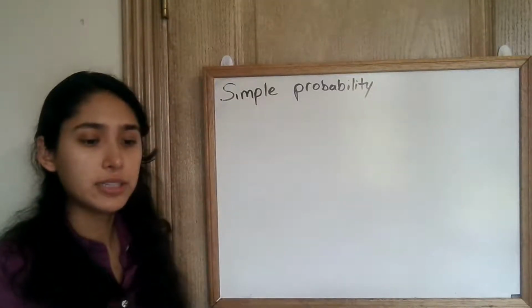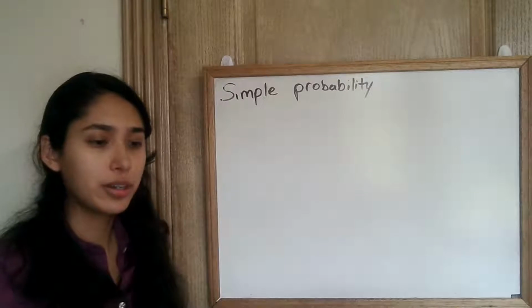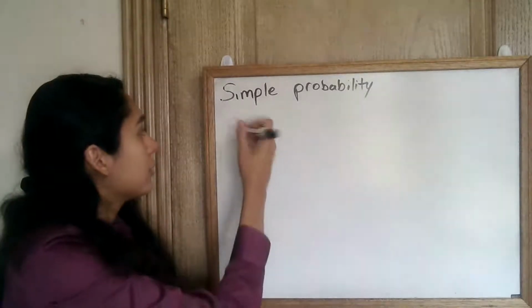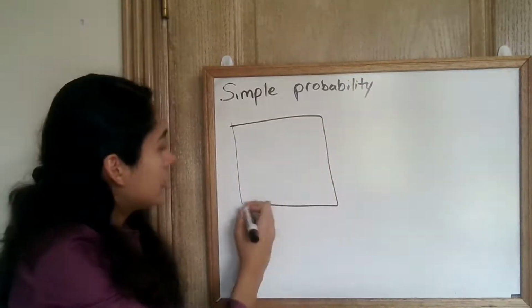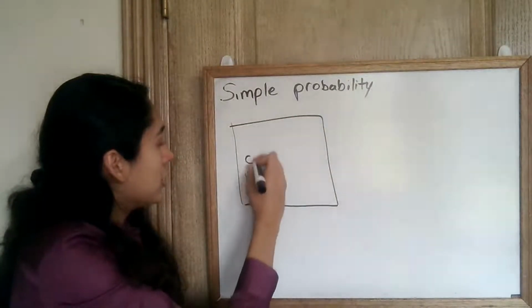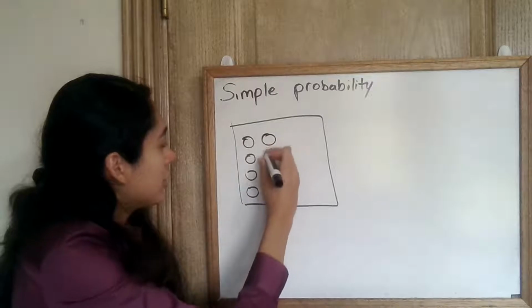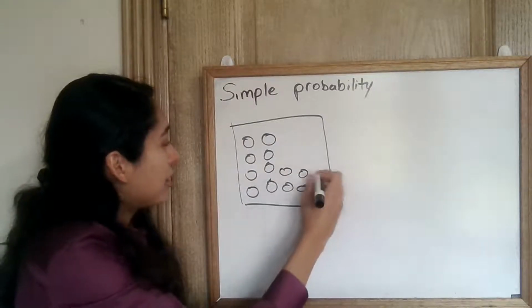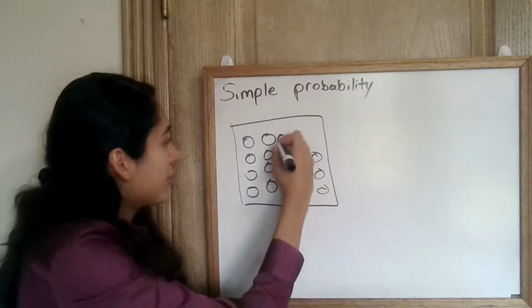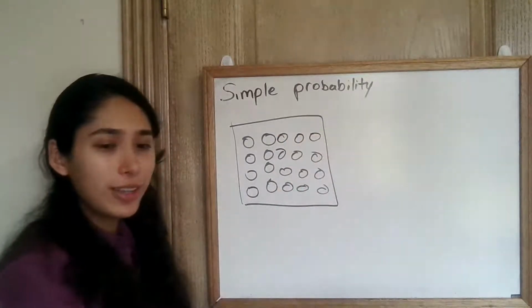Did any of you ever get to play the game Twister when you were younger? Where there is a big mat on the floor, and there are little different circles with different colors.